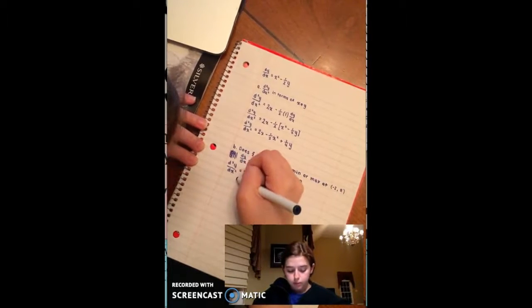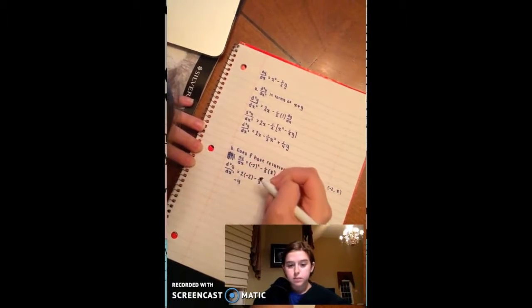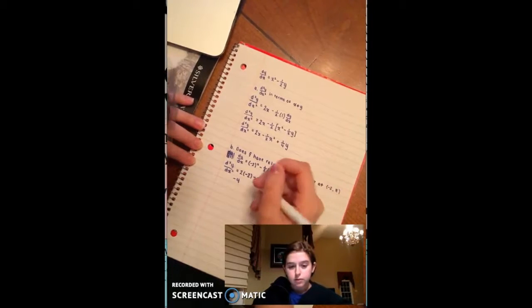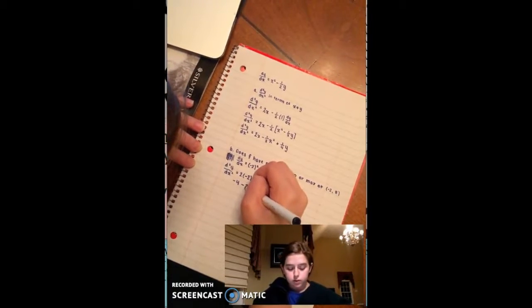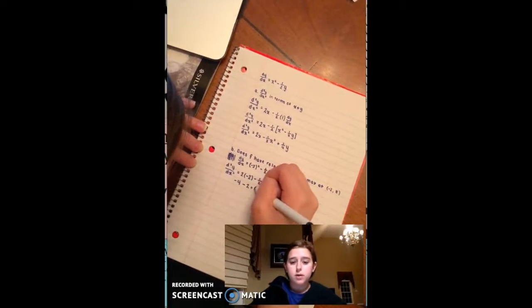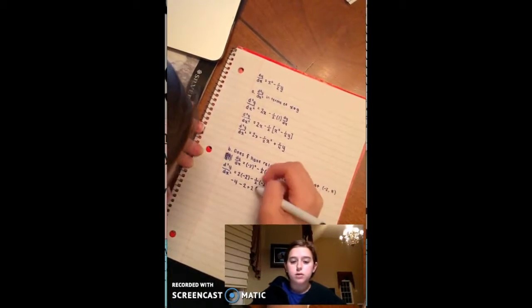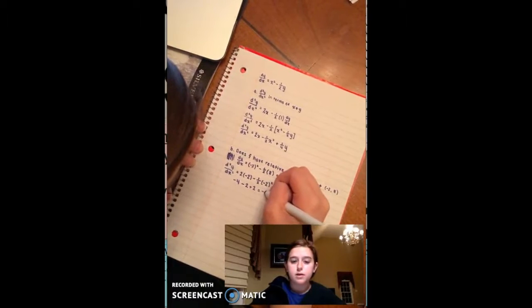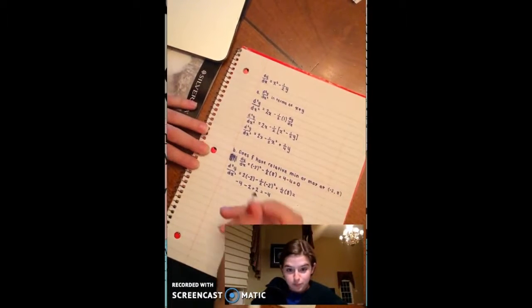So once we plug in the points, just do some simple arithmetic and a little bit of algebra, we are going to see that it's, drum roll, this is going to be a long drum roll because I write very slowly so you can see very clearly, it is -4.